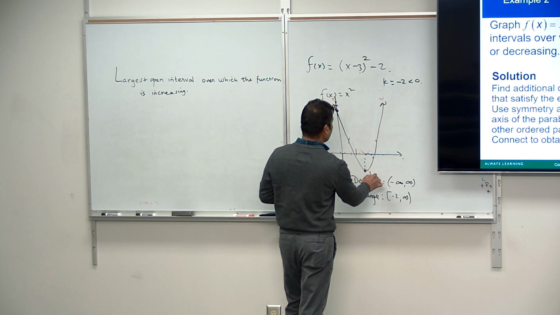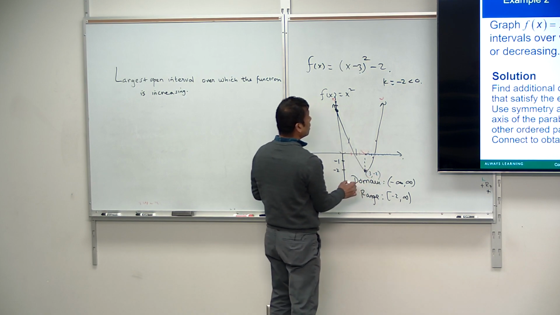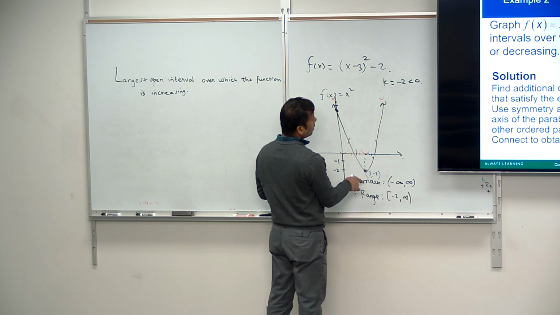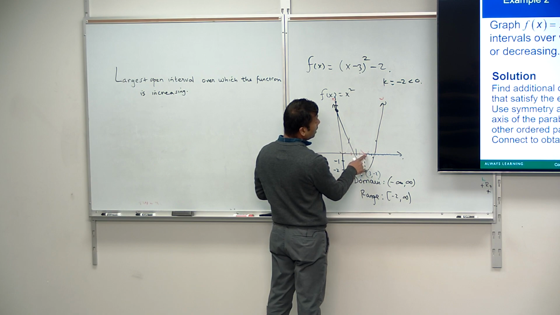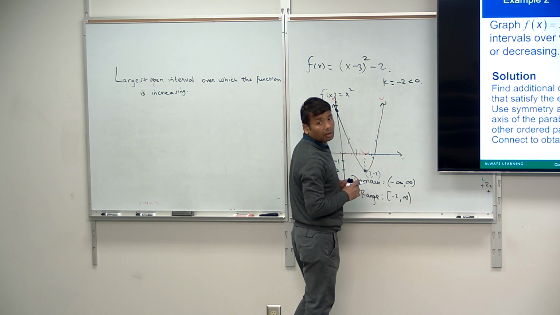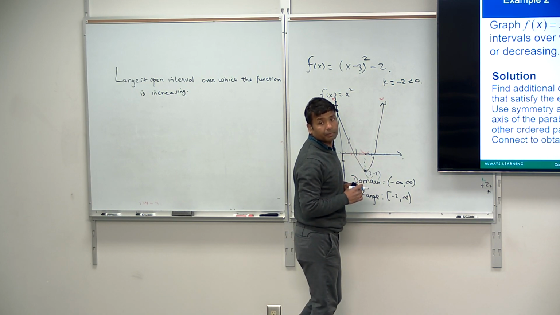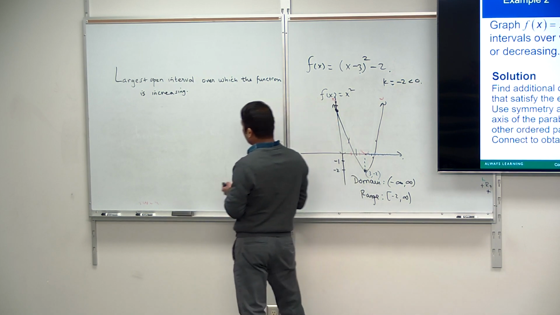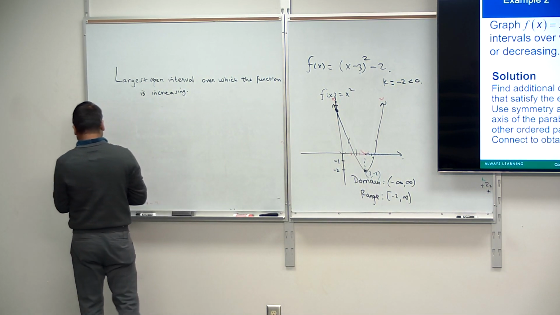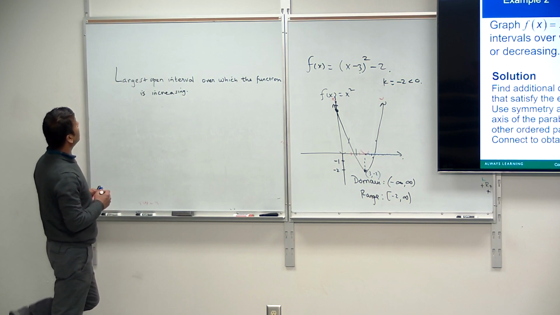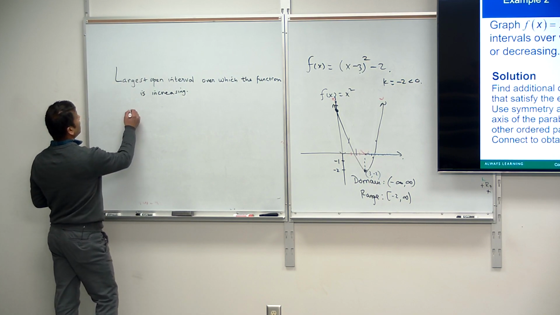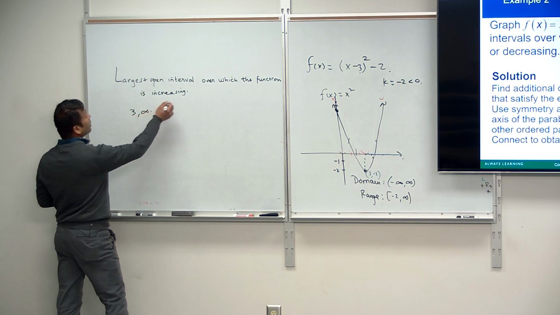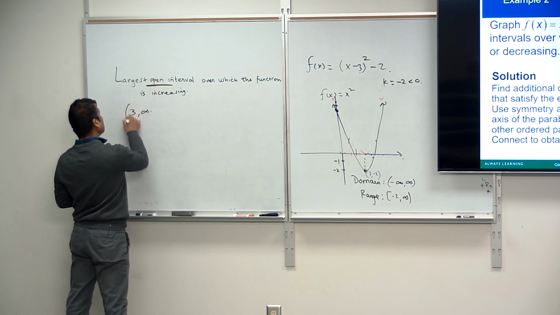So the open interval over which the function is increasing is 3 all the way up to positive infinity. So the largest open interval over which the function is increasing is 3, positive infinity. And this is an open interval.